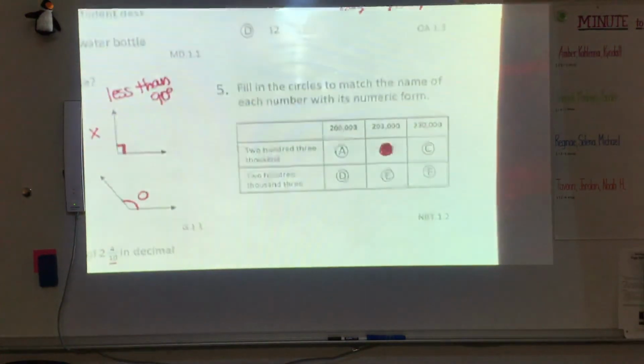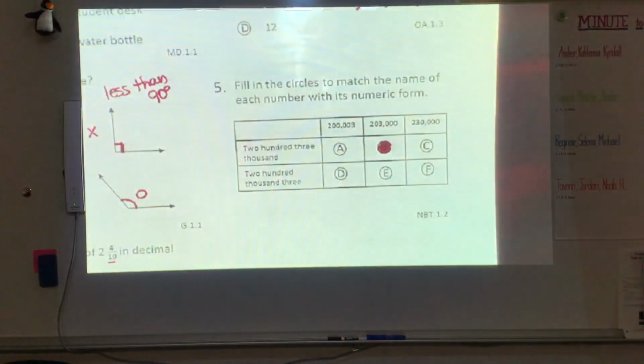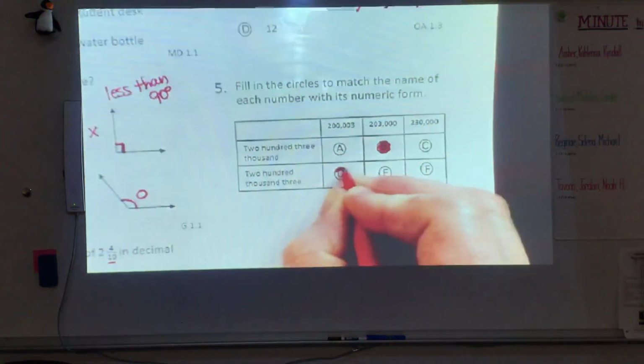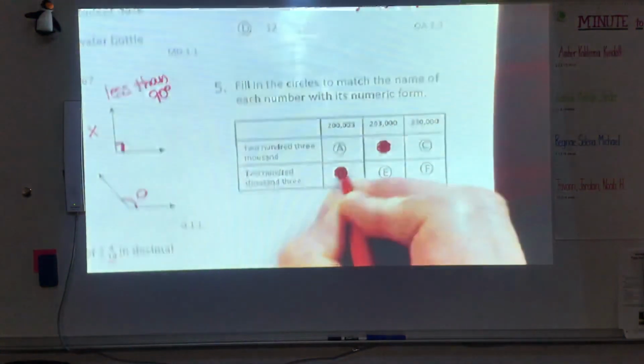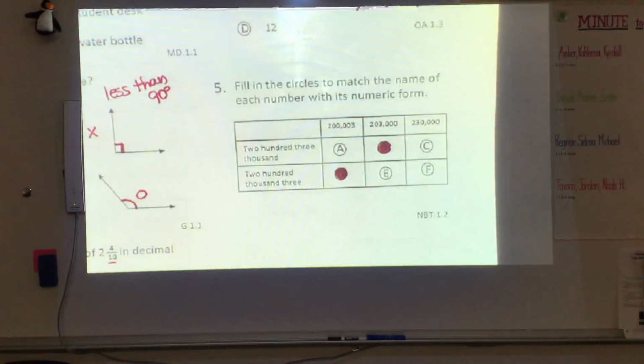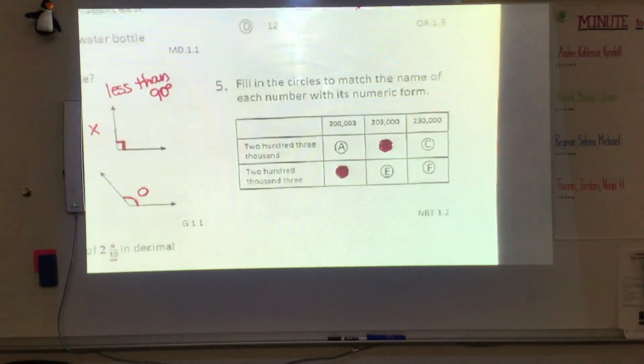All right, what about 200,003? Is that D, E, or F? I think it is D, because the 2 is in the 200,000 place, and the 3 is in the ones place. You are correct again.